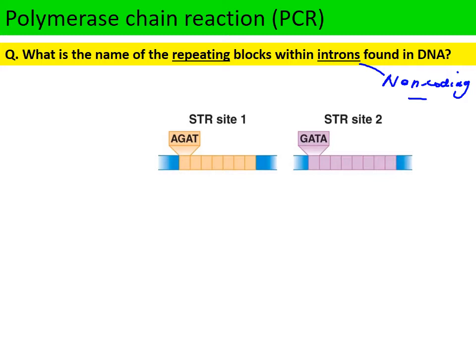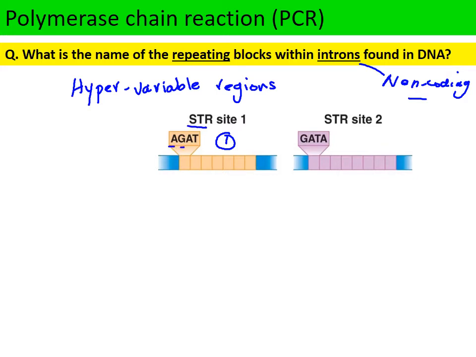Now, in the genome, we have intron sequences that are called hypervariable regions. And there are many of these hypervariable regions within the genome. So if we start with hypervariable region 1, within this hypervariable region that can be different between different people, there are what we call short tandem repeats.